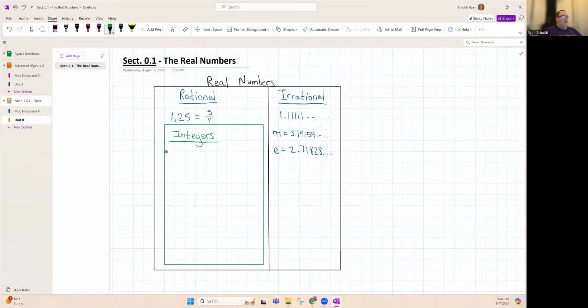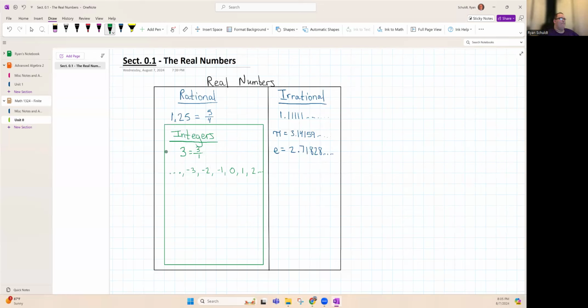Now, integers are rational numbers because if I were to write the number 3, that's the same as saying 3 over 1. So yes, an integer is a rational number. But integers mean there are no decimals with them. So like -3, -2, -1, 0, 1, 2, etc. Those are integers.